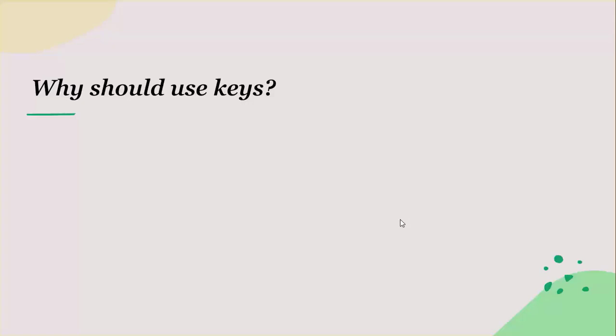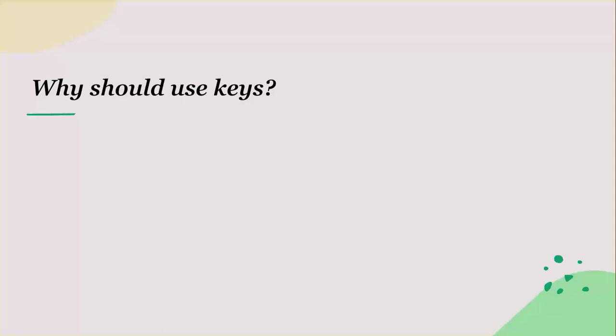Why should we use keys in React? Actually, keys help React identify which items have changed, which items are added, or which items are removed. Keys give the elements a stable identity inside the array.